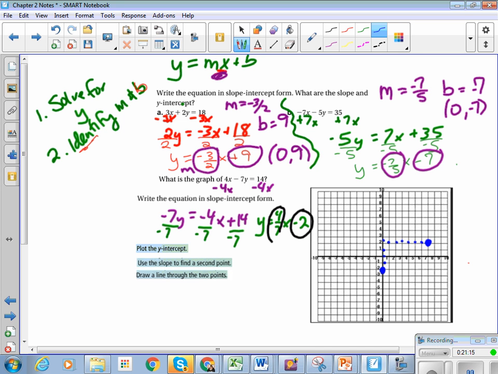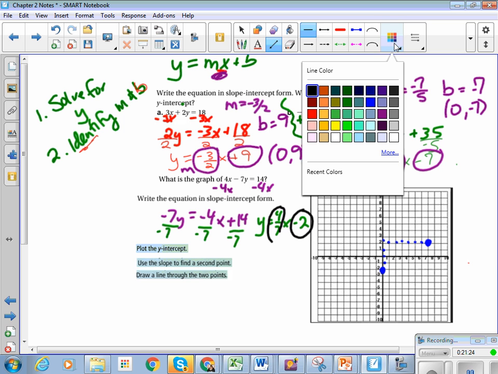And then you guys are going to get out your straight edge, because if we're drawing a straight line, we're doggone it, we're going to draw that straight line. Because we can.